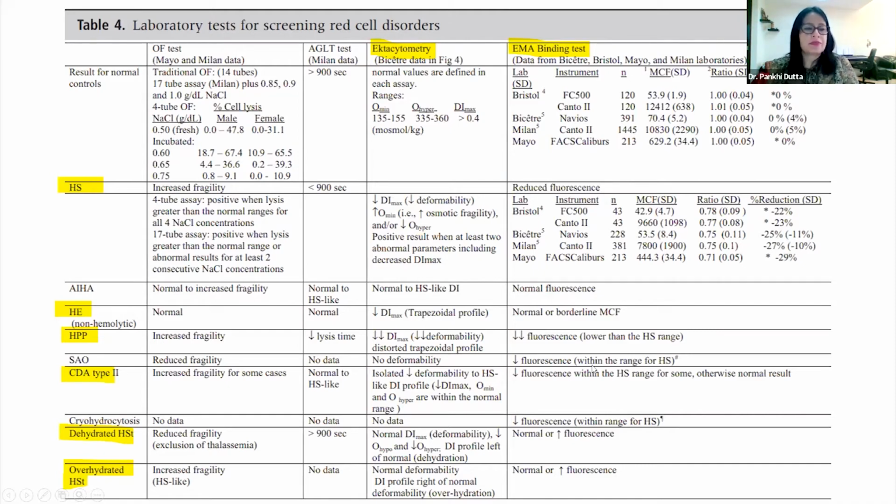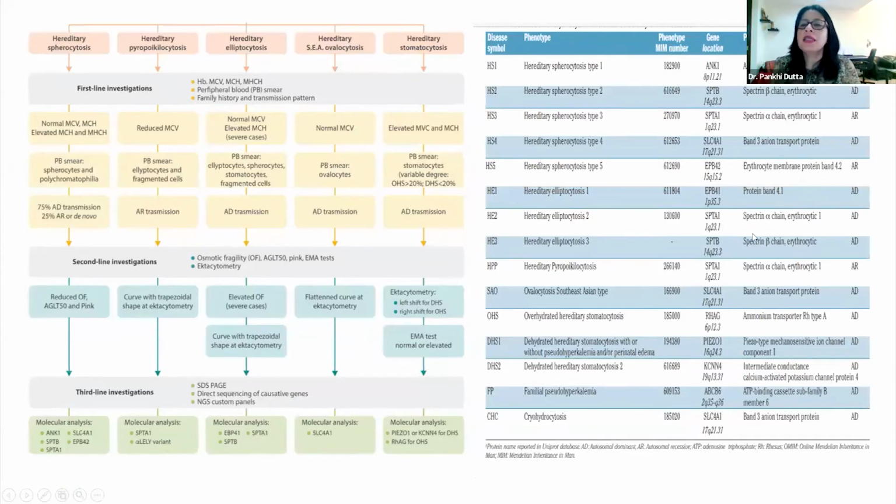But if you use a combination of various tests, it is possible to differentiate between all types, even dehydrated hereditary stomatocytosis, which is a defect of the potassium pump, or the overhydrated hereditary stomatocytosis. Fluorescence may be normal or high, while the EMA binding will be low in hereditary spherocytosis. So in such situations, it might be very useful. Please don't get scared. I'm not going to go into this.